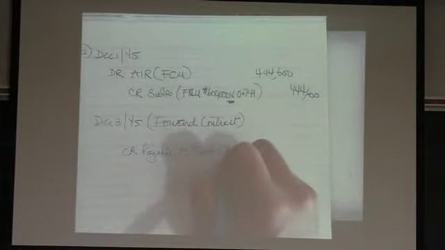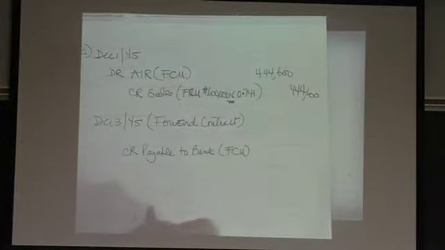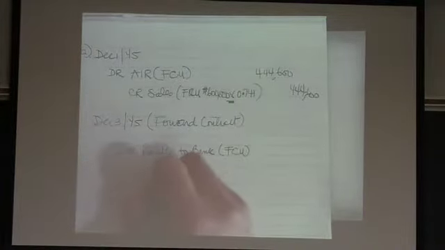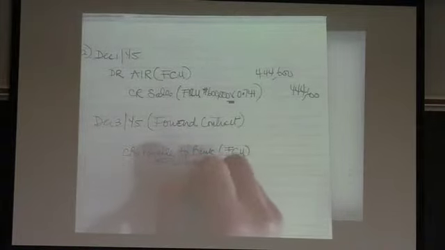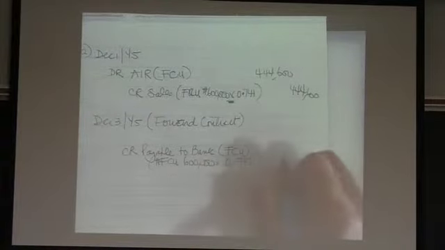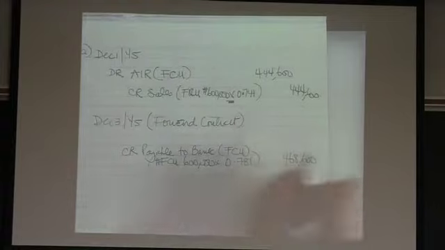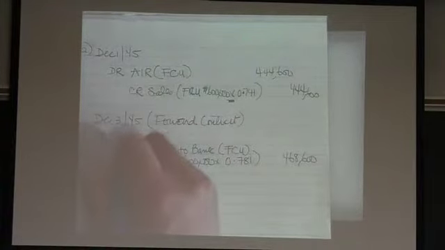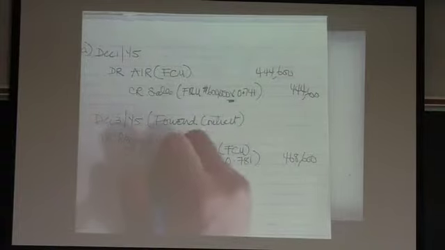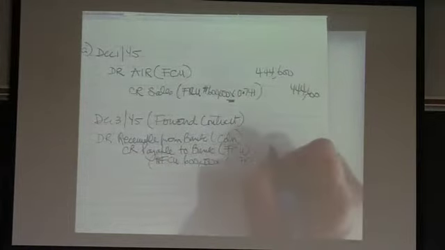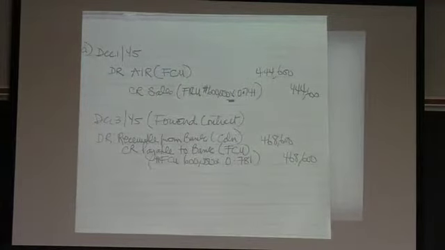And this is denominated in foreign currency unit. And that is foreign currency unit 600,000 times the forward contract rate. And that's 468,600. And we're going to debit receivable from bank. And this is Canadian dollar. So that's the amount that you're going to get from the bank when you deliver 600,000 foreign currency unit at the date at the end of 120 days.